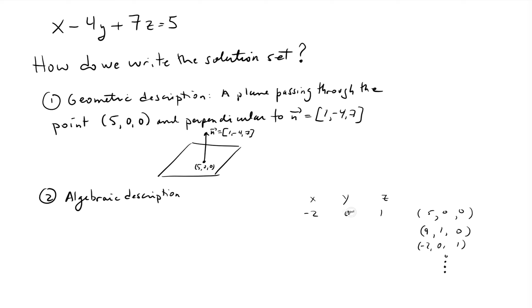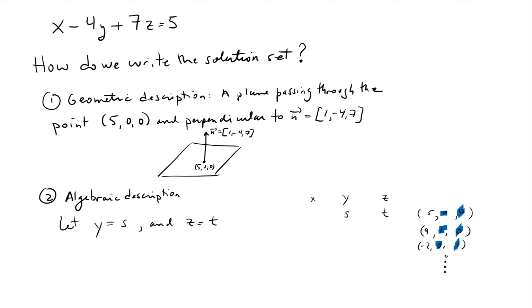So essentially, what am I doing? I'm assigning some value to y and z. We'll call these s and t, and we're going to solve for x. So let y equal s. So s is one of those values here. Then z equals t, and this is me assigning these values to z.